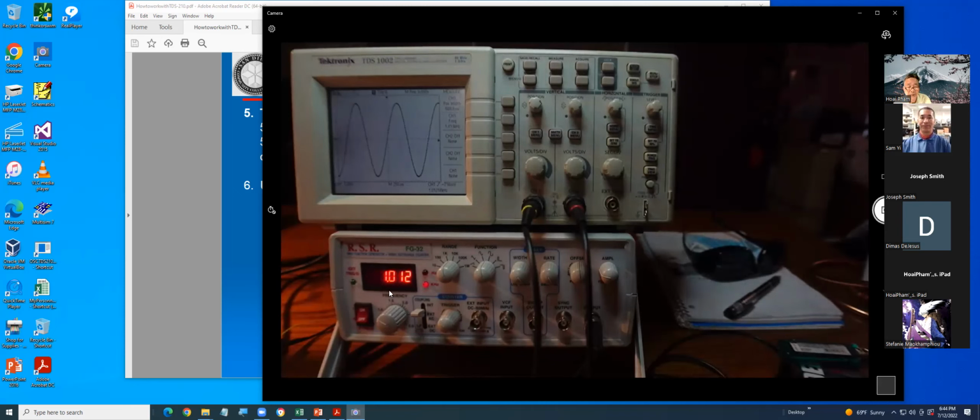Right now, I'm not talking more about the generator, next time. Right now, you can see 1 kilohertz. If you read in here, they said frequency 1.01 kilohertz. Okay, I change it to 10 kilohertz.